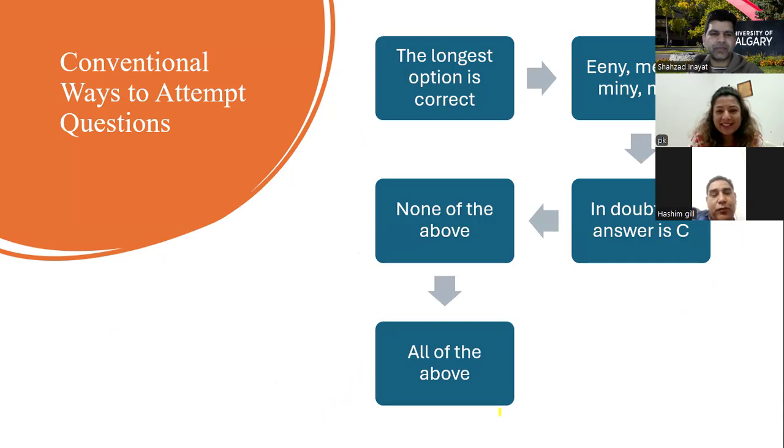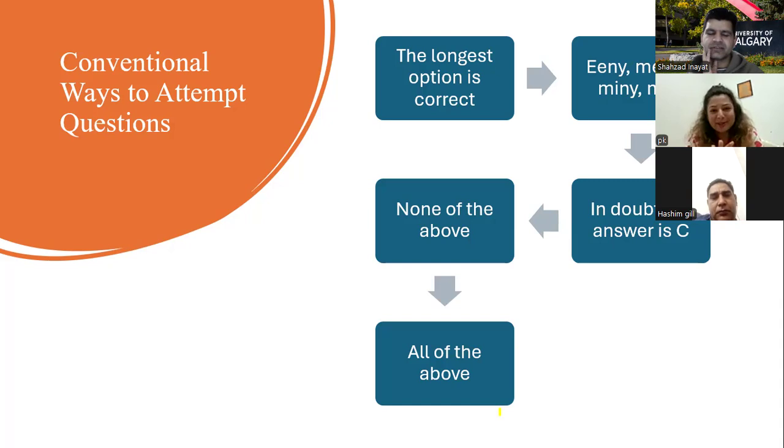Okay, but sometimes, in questions with options like all of the above, there are 4 and 5 statements, and I consider all the scenarios, and if all the statements are correct, I attempt my question that way.